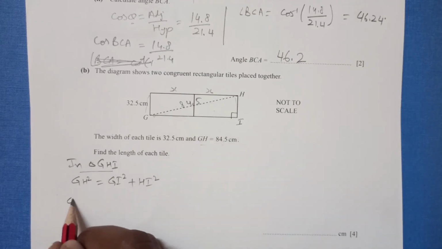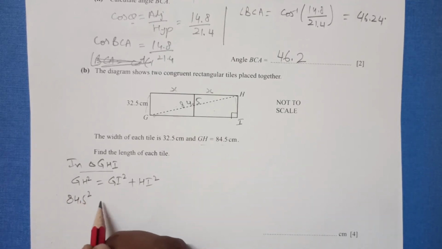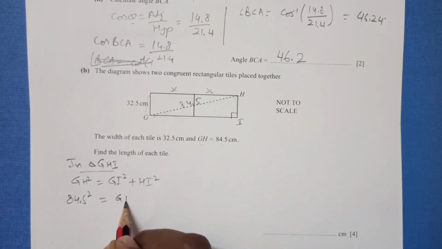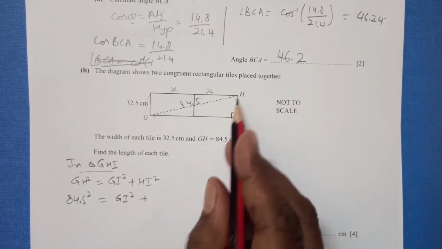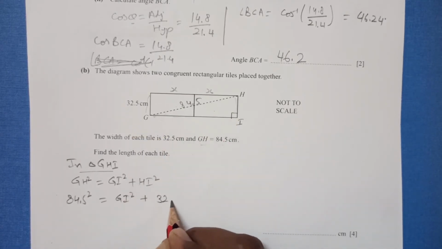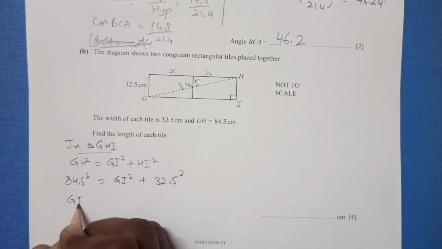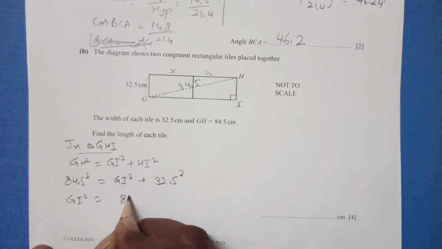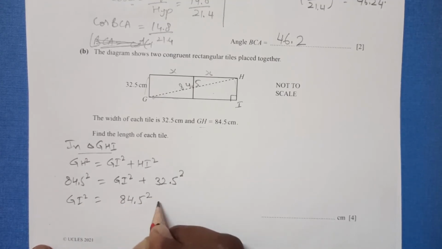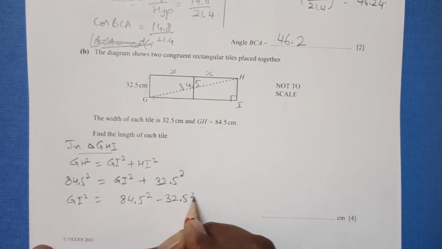GH is 84.5 and HI is 32.5. So GI squared will be 84.5 squared minus 32.5 squared.